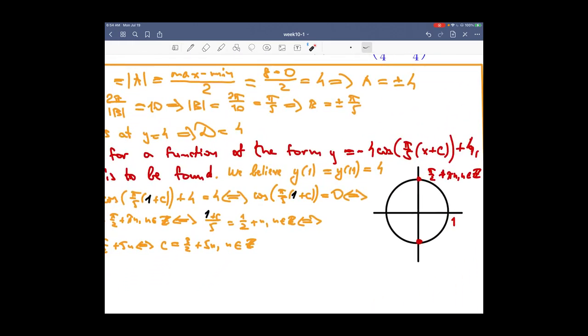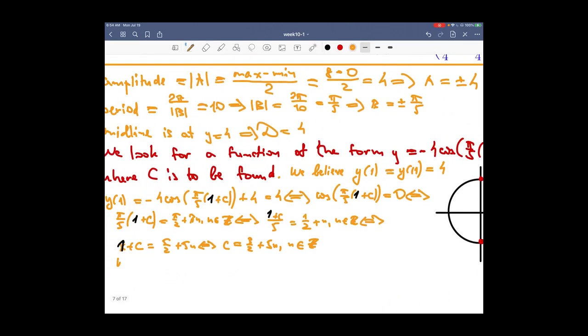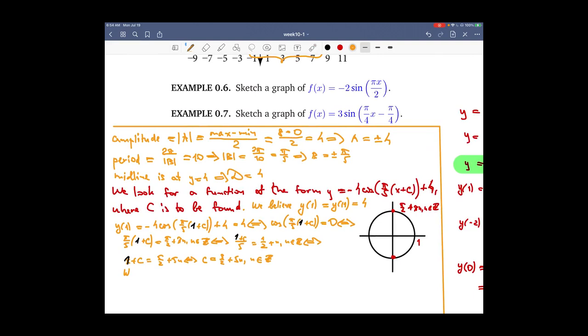So we may take c to be 3/2 when n is 0. And then our answer is y equals -4 times cosine of pi over 5 times (x plus 3/2) plus 4.